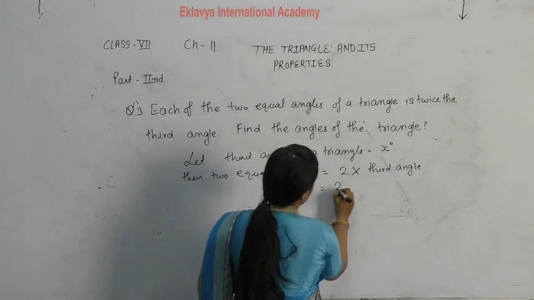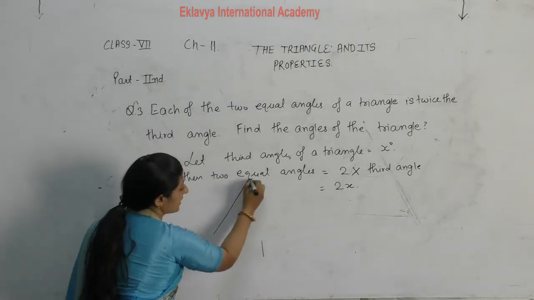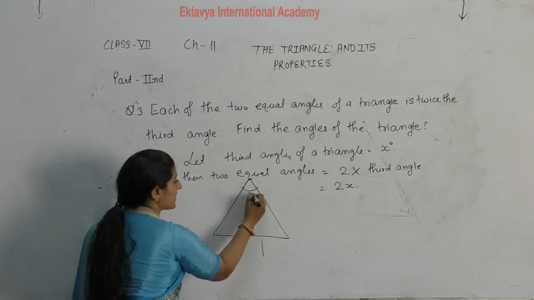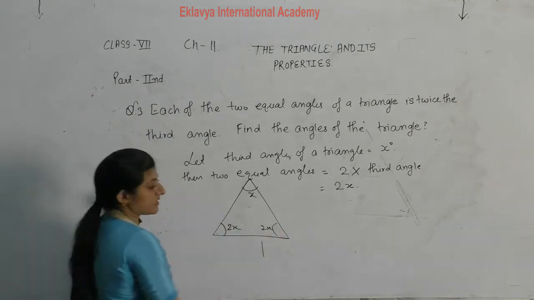It means it becomes 2x. So how can we make the figure? One angle is x, then the other two equal angles become 2x.